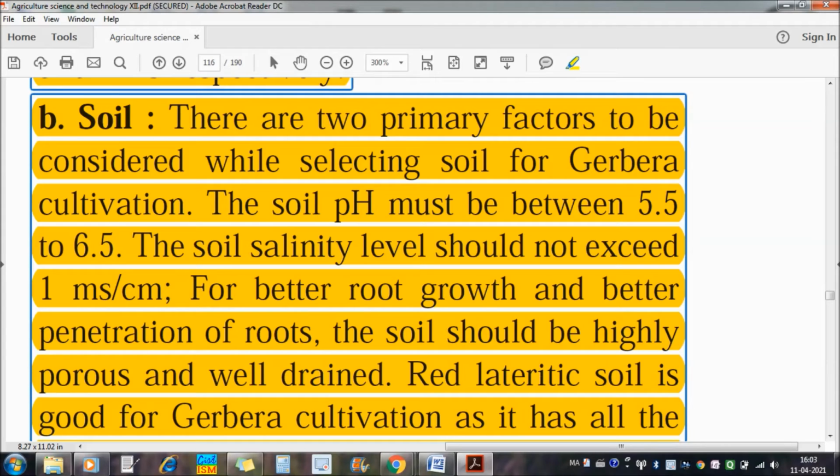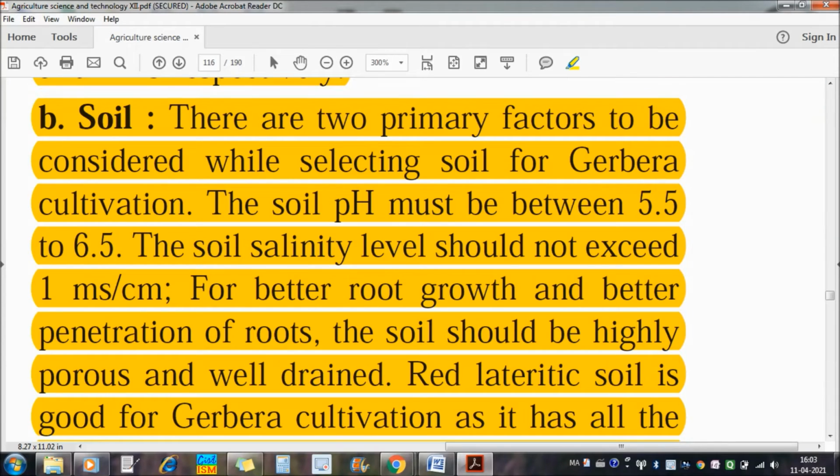As you have already studied last year, almost all crops can be grown in the pH range of 6.5 to 7.5, but gerbera can be grown in this slightly acidic soil condition. Then the salinity level should not be beyond this limit, otherwise there will be no proper growth.